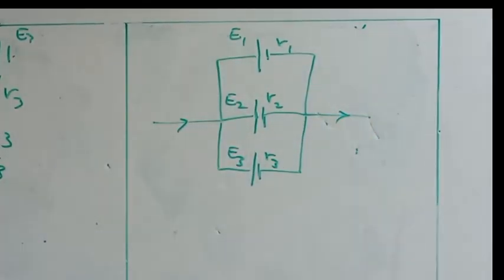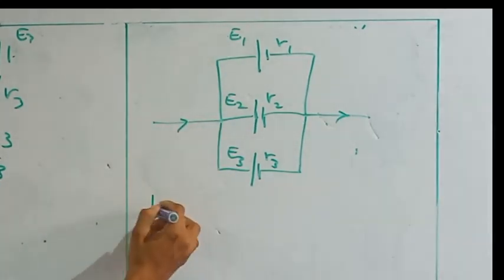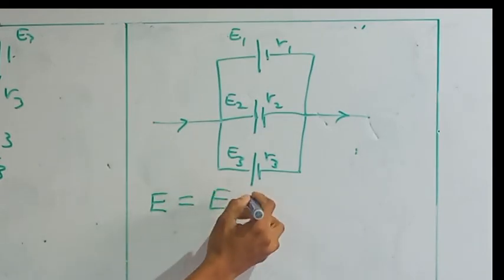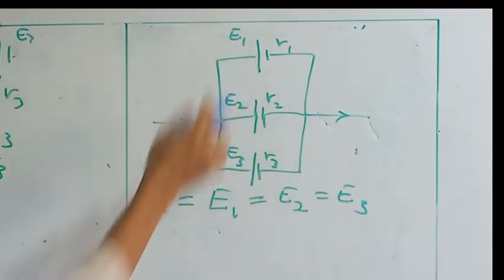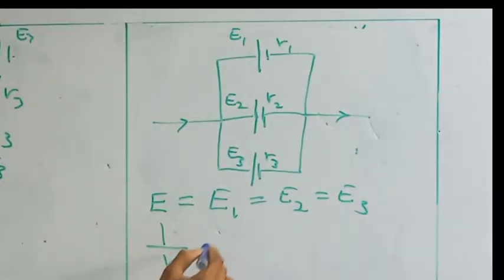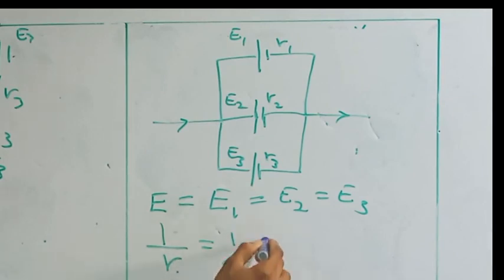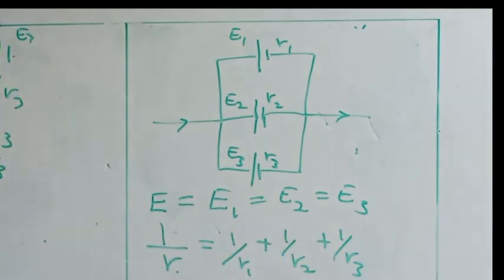But if we have it like this, that is cells in parallel, the effective EMF is going to be just E1, the same as E2, the same as E3. One covers for all, for cells in parallel. And their internal resistance, 1 over R, will be 1 over R1 plus 1 over R2 plus 1 over R3.